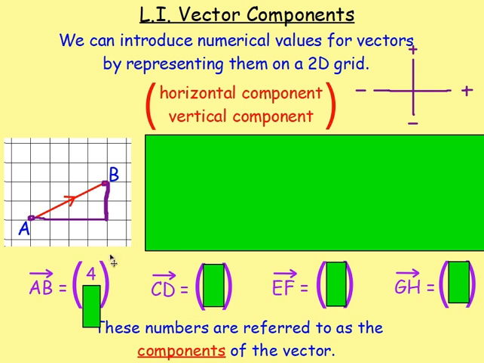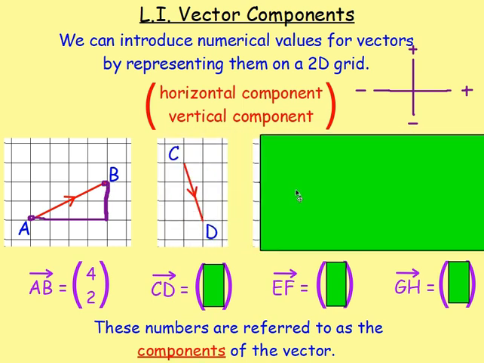Good, which means the vertical component, because we moved up the way, again think about your x and your y axis, if you move up, it's a positive number. Because we moved up 2, it is +2. These numbers here are referred to as the components of the vector. So you could say AB has the components 4, 2. Because to go from A to B, you had to go along 4 boxes and up 2.